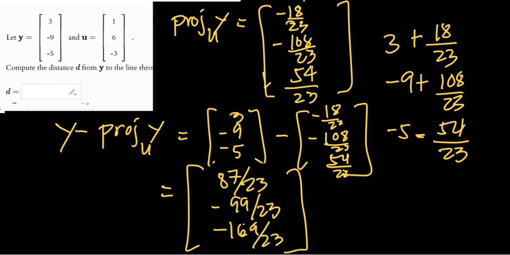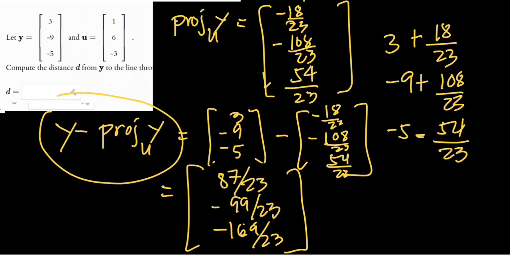So now we already have everything, but we are asked for the distance d. This one is only the first one, the projection of y onto u. That one is the distance from y to vector u, and this one is the distance from y to the origin.